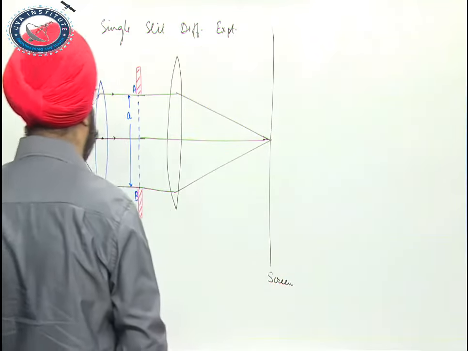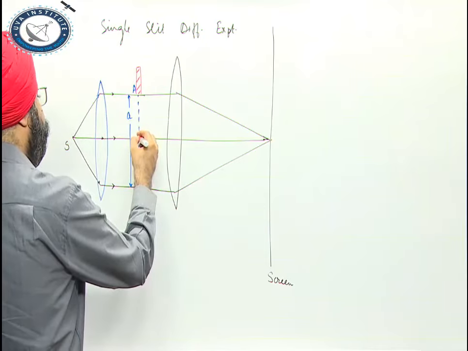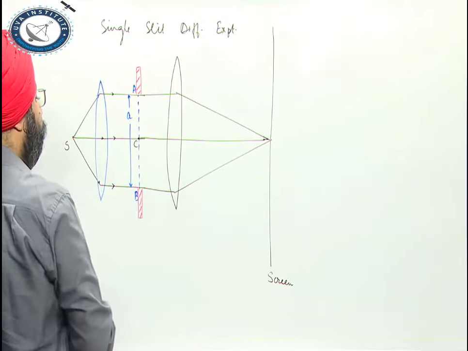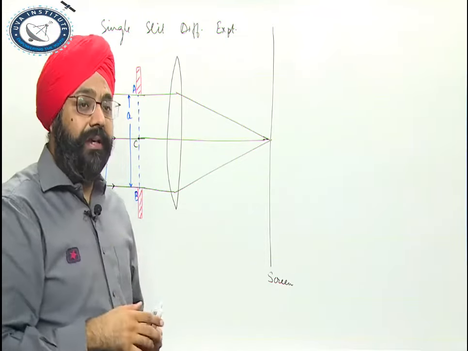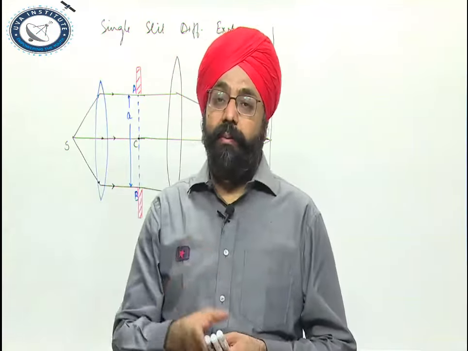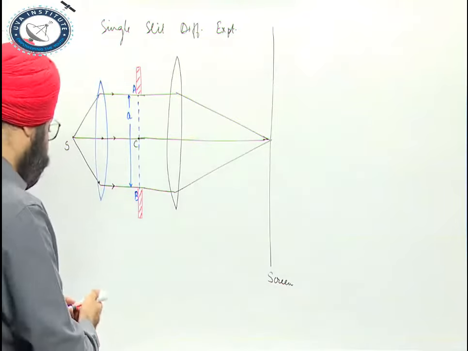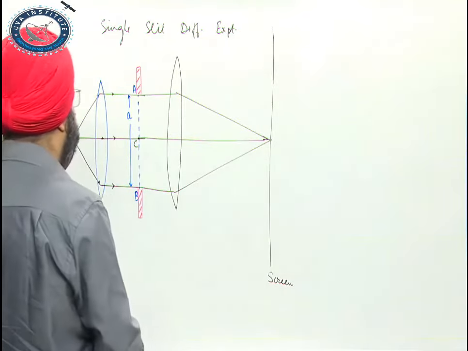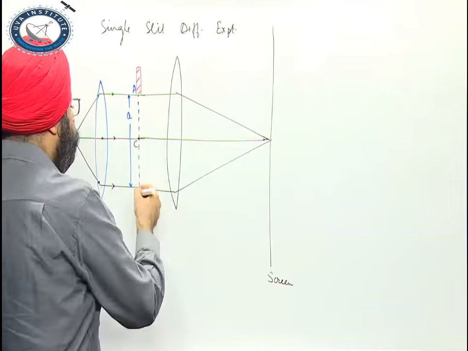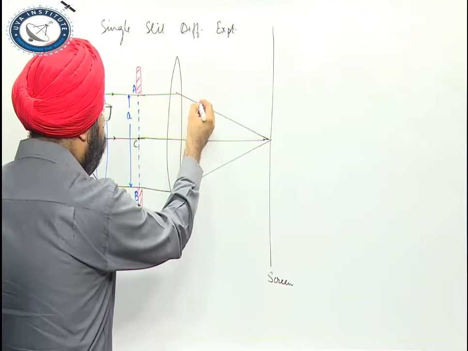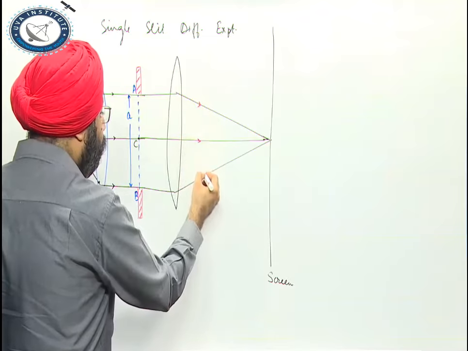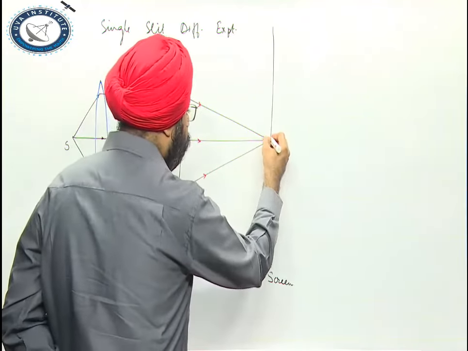Now let's understand this. Let us say this is my wavefront AB, and let me divide the wavefront into two equal parts, AC and CB. All these points are lying in the same phase, and they are reaching the origin, the center of the screen.